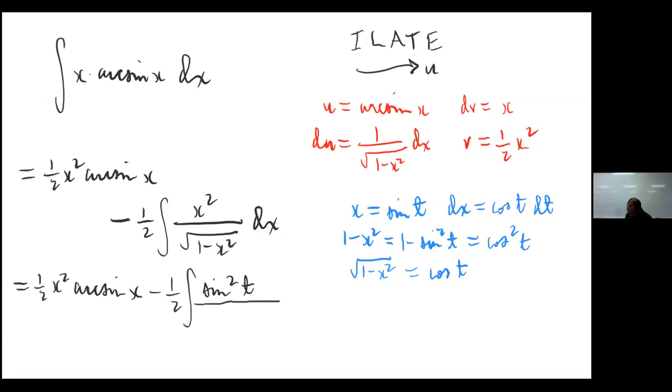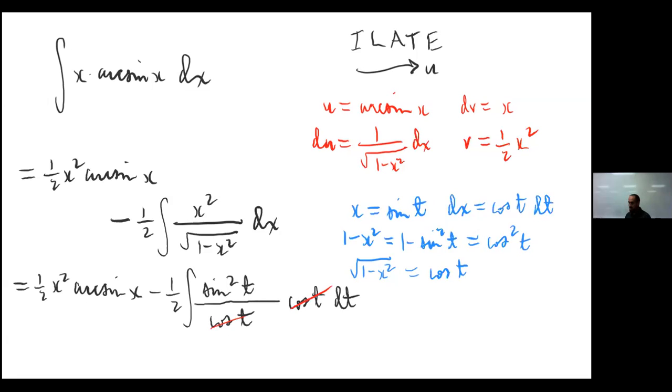That's just cosine of t. Okay, and what is dx? Cosine of t dt, of course. And of course, the cosines cancel, which is really nice. What's going to happen with the integral now? The integral now is just the integral of sine squared of t.